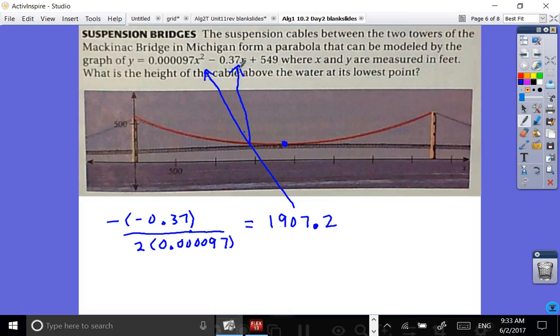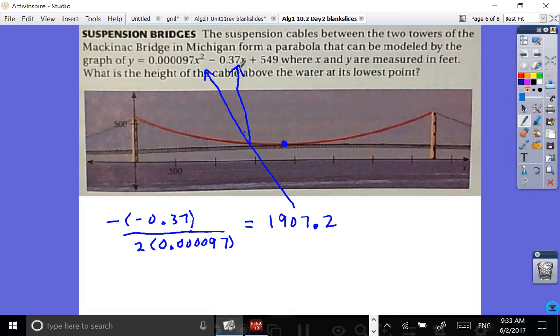So let's put it in. 0.000097 times 1907.2 squared minus 0.37 times 1907.2 plus 549.